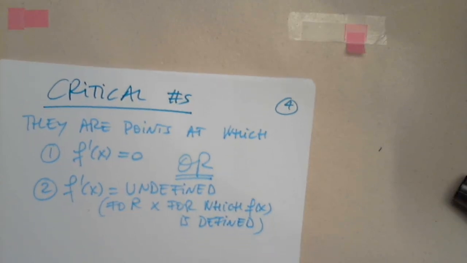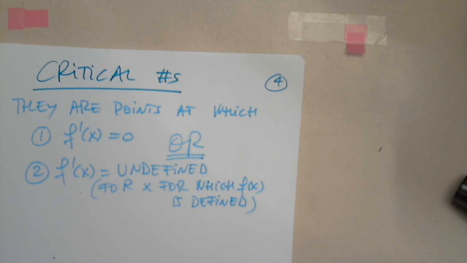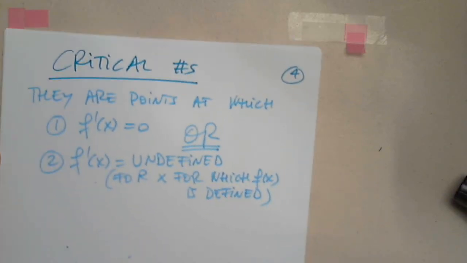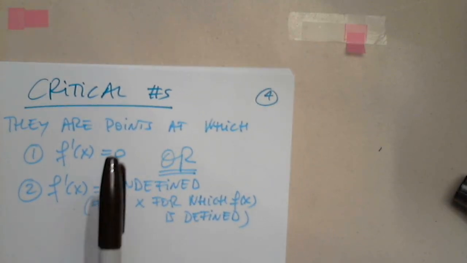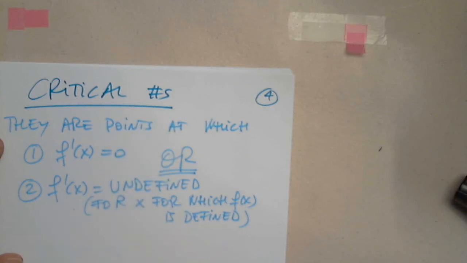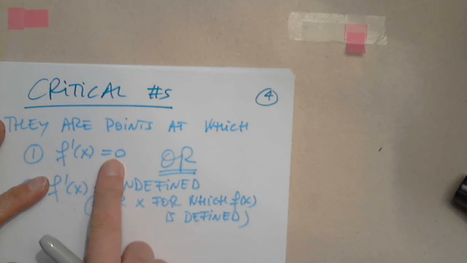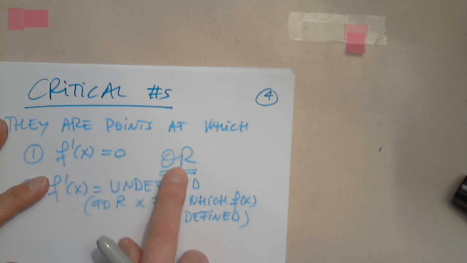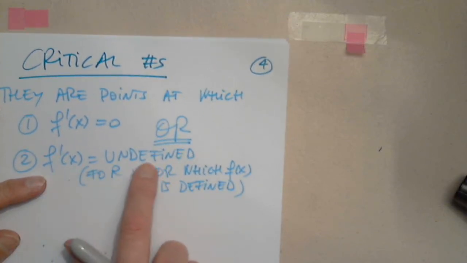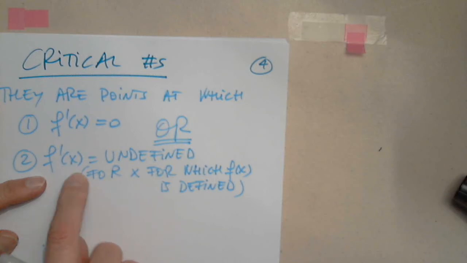So a function has a critical number if at a particular x value f prime of x is 0, or, not both, f prime of x is undefined, it does not exist, but for an x where the function is defined.